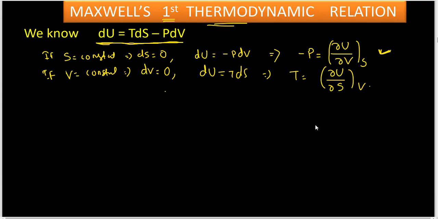Now these two equations, this is the first equation and this is the second equation. Take derivative of these two equations on both sides. In the first equation, it is written minus P equal to del U by del V at constant S. So take derivative with respect to S on both sides.